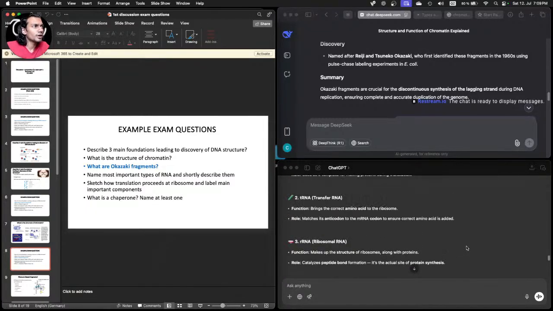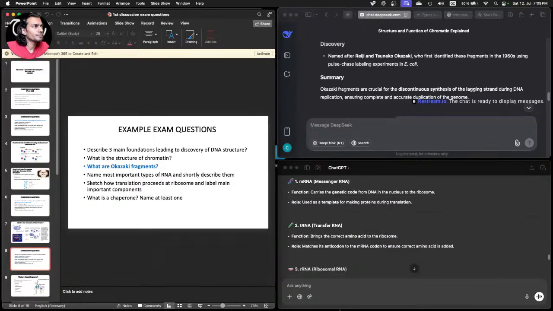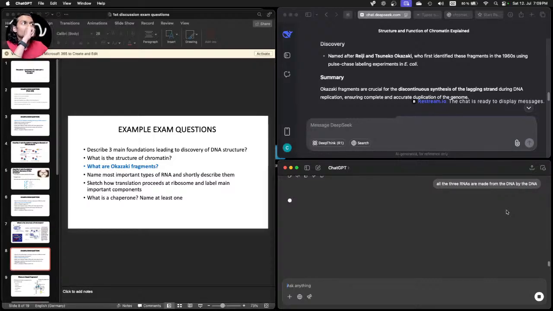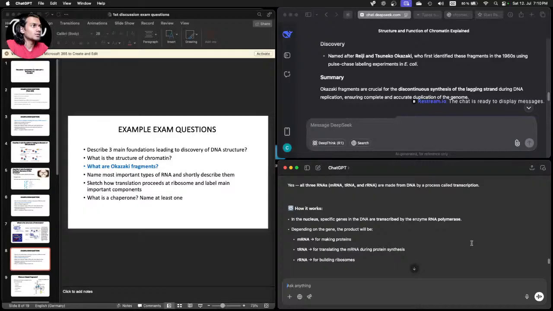Who makes these RNAs? All three RNAs are made from the DNA by the process called transcription, transcribed by the enzyme RNA polymerase.